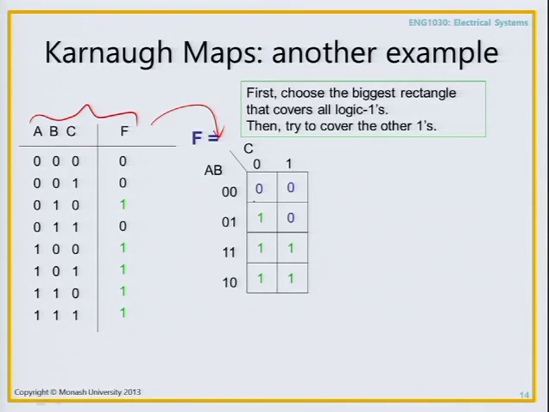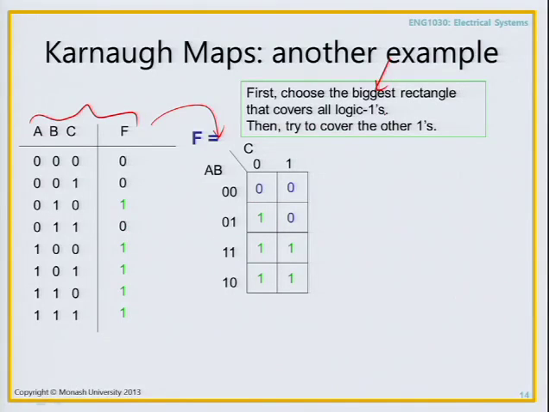So the procedure now, we need to draw boxes around all these ones, and we need to make them as big as possible. We need to choose the biggest rectangle that covers all the logic ones, under the constraint that the width and the height of the boxes must be powers of 2.